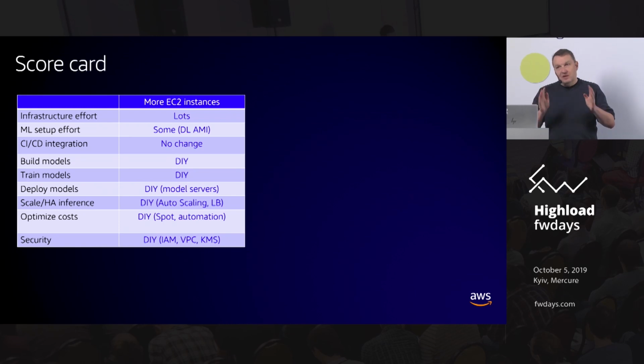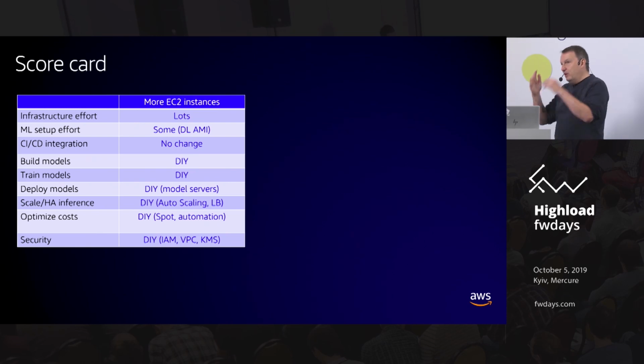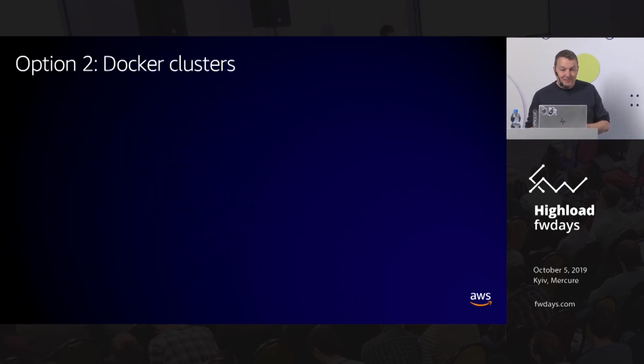Building and training is up to you, and deploying and scaling and optimizing and securing is up to you using all the EC2 features. So you have everything that you need to do the work, but it's a little bit unnecessary, if you ask me. But if you love IAM and VPC and KMS, please have fun with that.